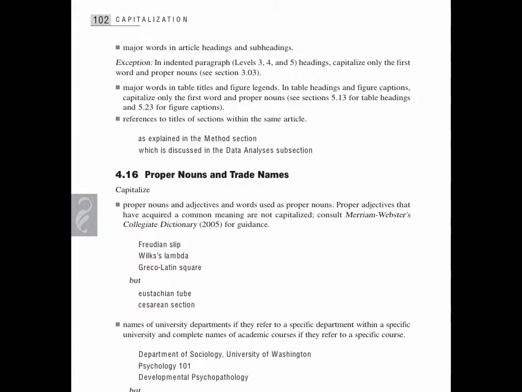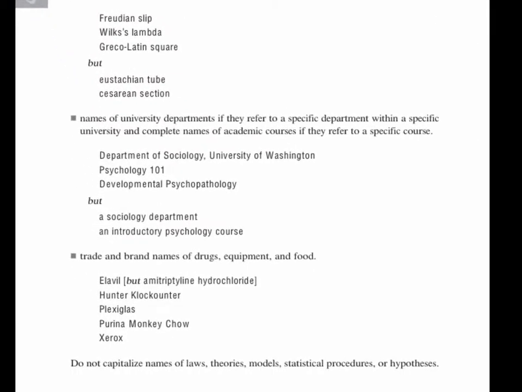Because they're not following APA style in an academic textbook, they may capitalize the names of certain laws, theories, models, etc. And then it's easy to repeat that mistake when you refer to that theory, that law, that model in your APA paper, and you capitalize that law or theory.